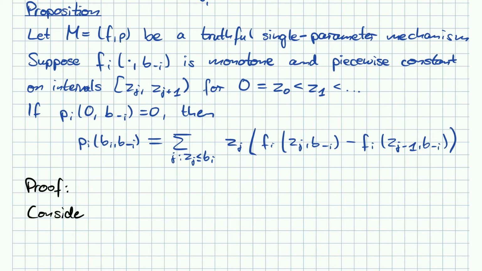The first thing is, let's just consider any bi. And this bi will be in some of these intervals zj to zj plus 1. What do we now know about the payments?